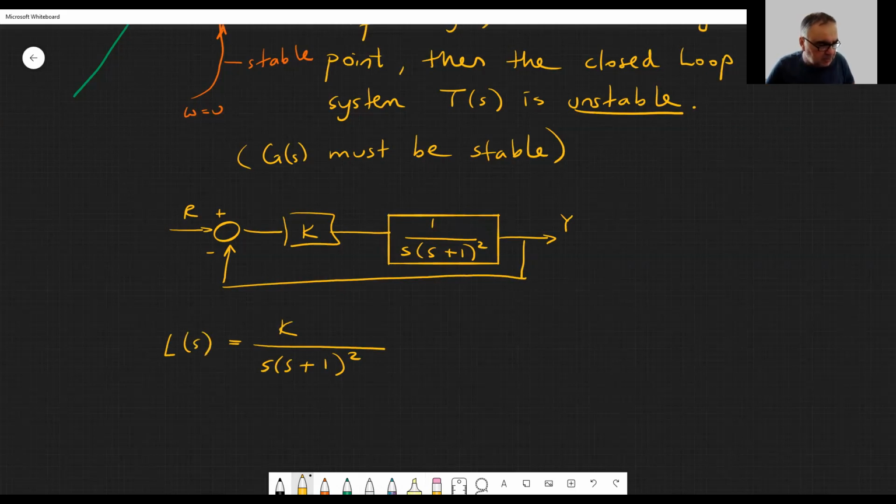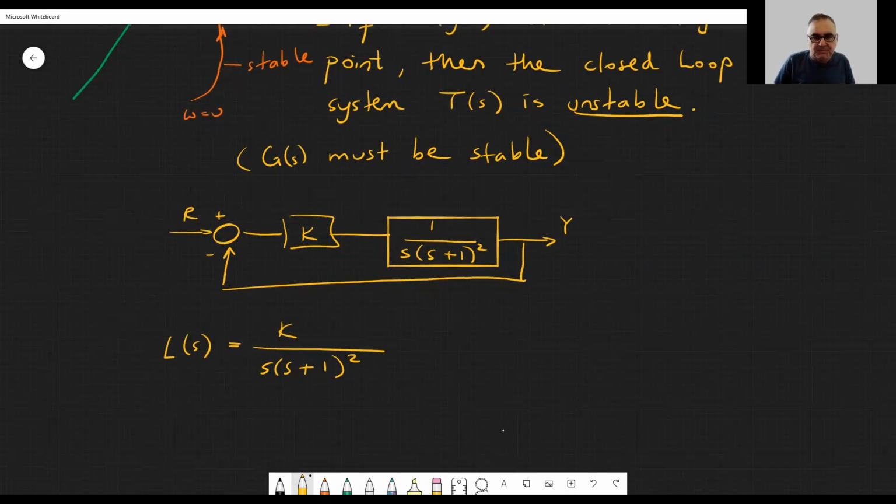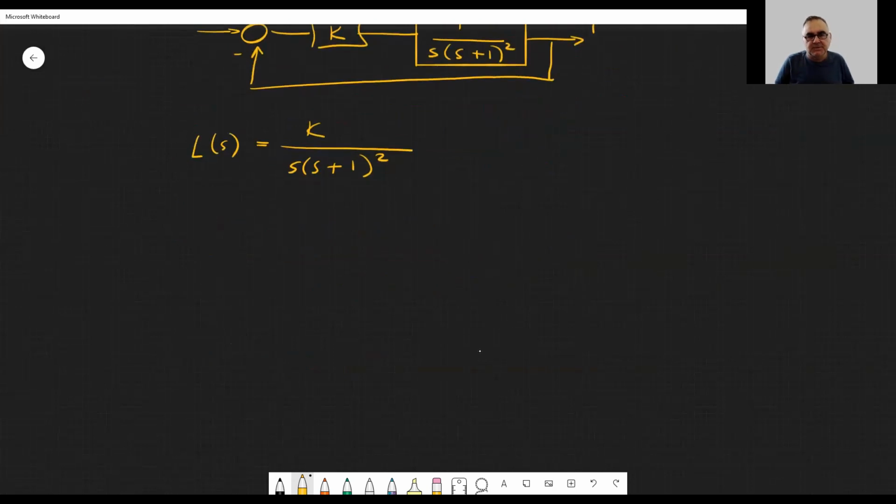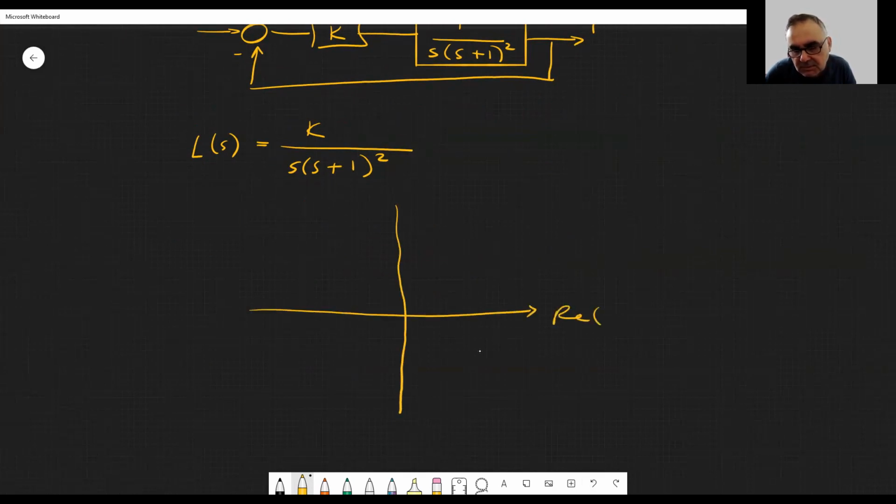So if we plot the Nyquist plot of this, this is what we are going to get. This is the real part of L of j omega versus the imaginary part of L of j omega.